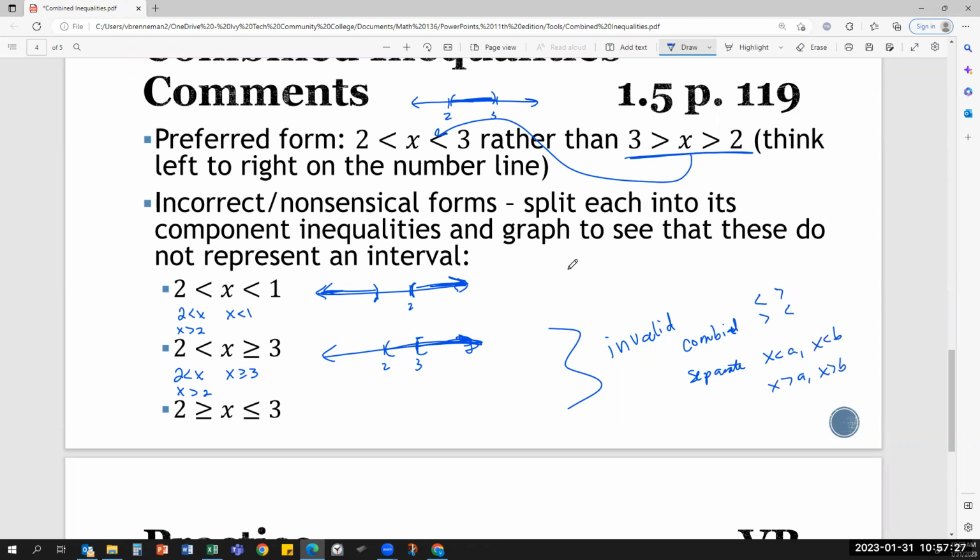So the correct combined inequality always has the less than or equal to, pointing in the same direction, but they're a combination of two inequalities that were in opposite directions. So hopefully that's not overly confusing. If you graph the separate parts and see, you'll get the hang of what is correct and what isn't.